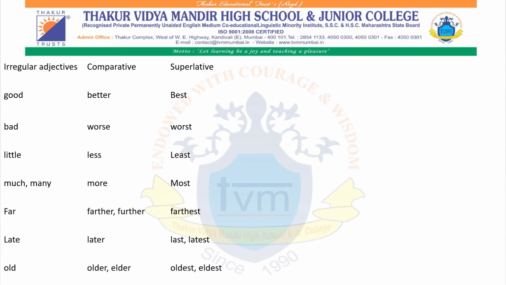The table of irregular adjectives with comparative and superlative forms: good, better, best; bad, worse, worst; little, less, least; much or many, more, most; far, farther, further, farthest; late, later, last or latest; old, older, elder, oldest, eldest.